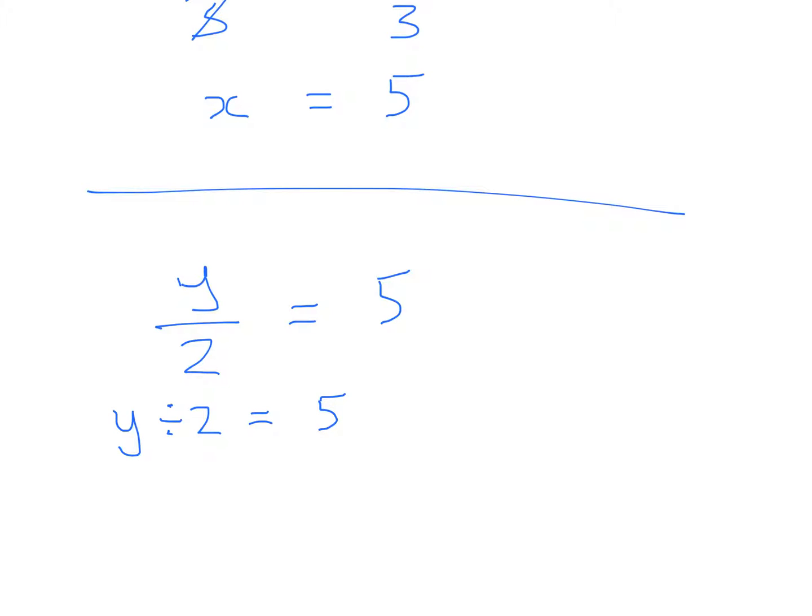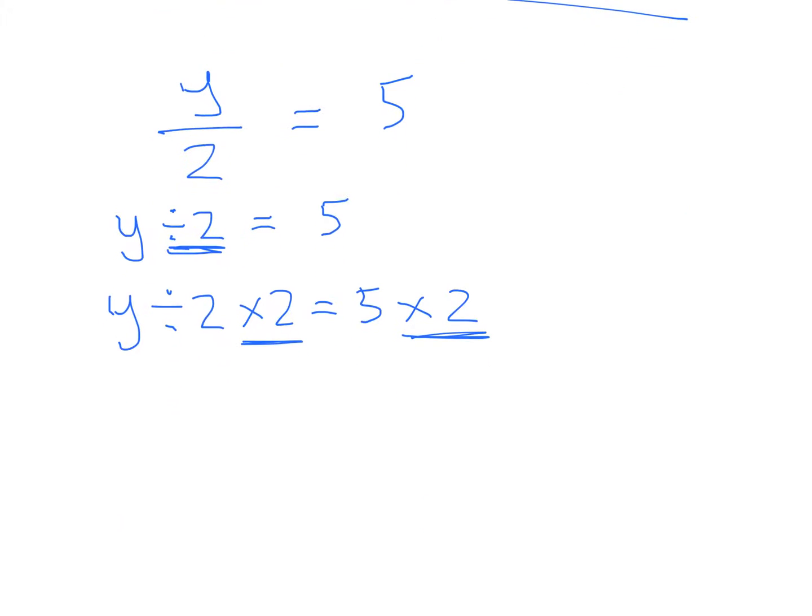So the way forward then is to do the opposite of that divided by bit. So we're going to do y, it's divided by 2, so we times it by 2. Equals 5, and what we do to one side we have to do to the other, so 5 times 2.